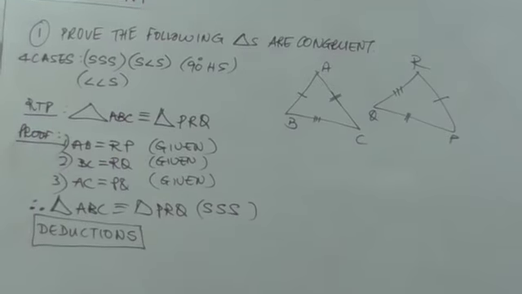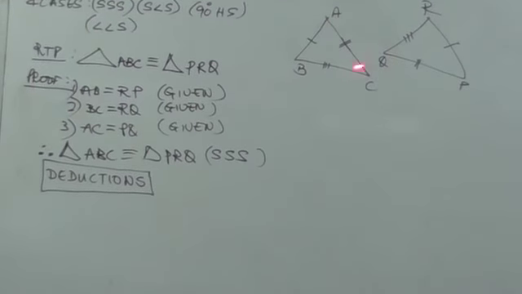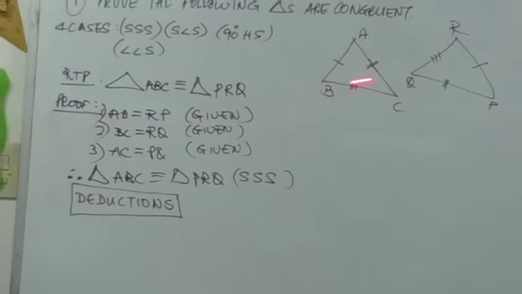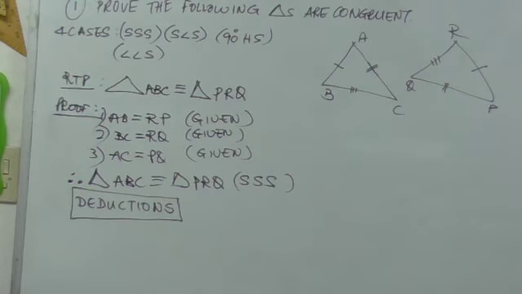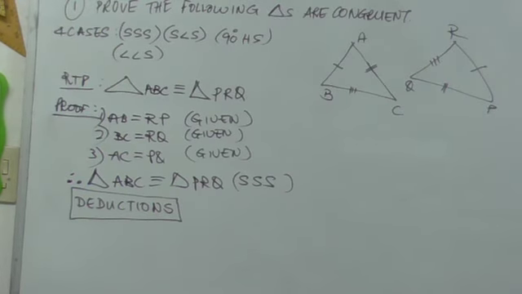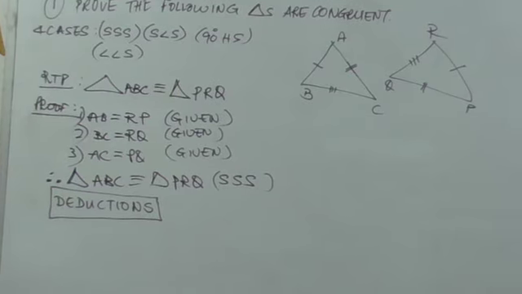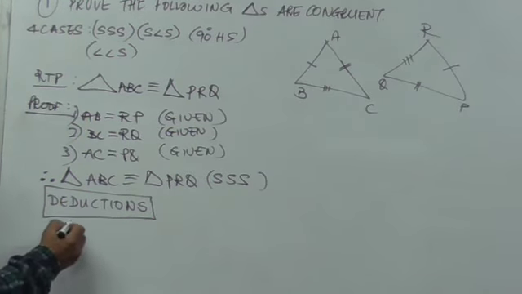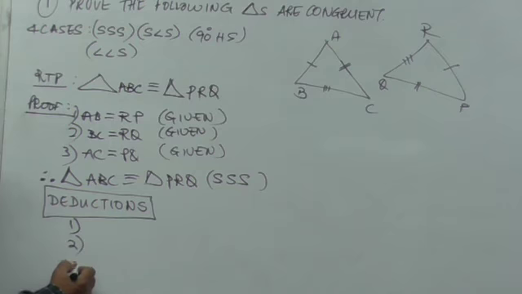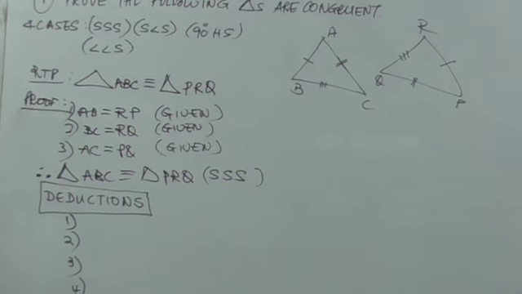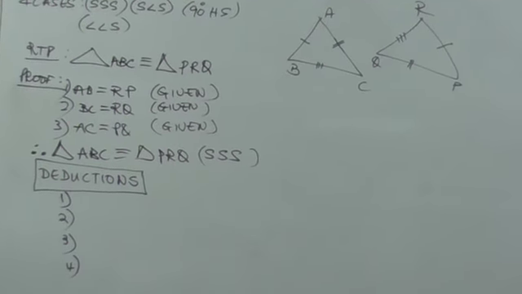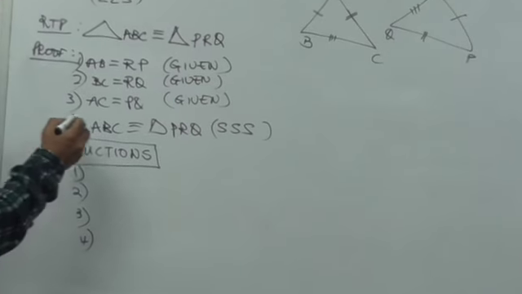Deductions means what else is equal in these two triangles. Well, this is how you always do it. There will always be four deductions. Now, first I will deal with the angles.